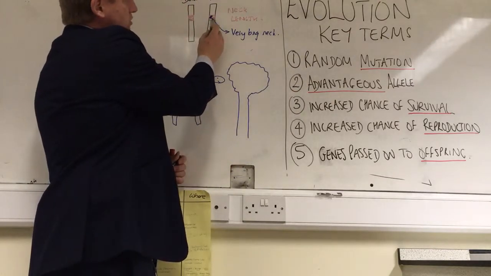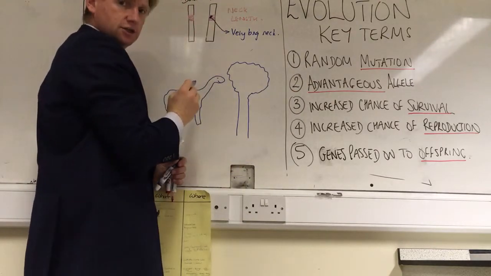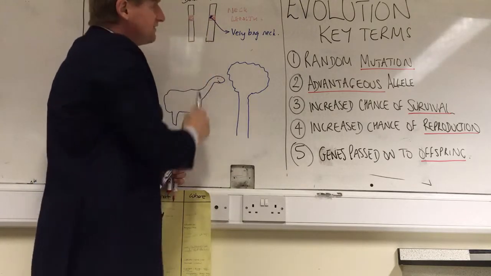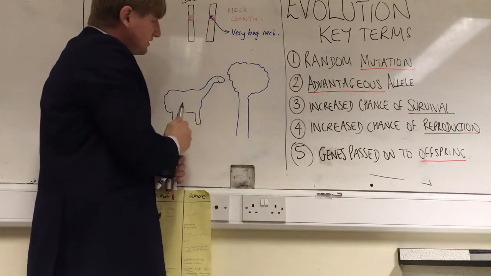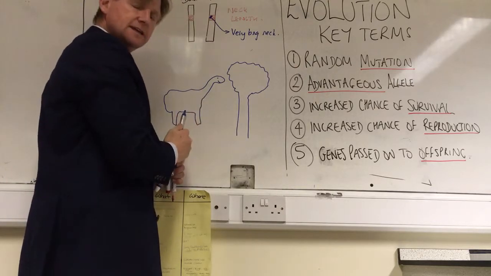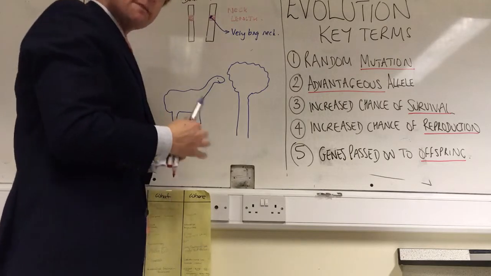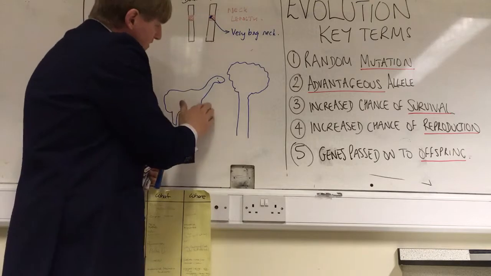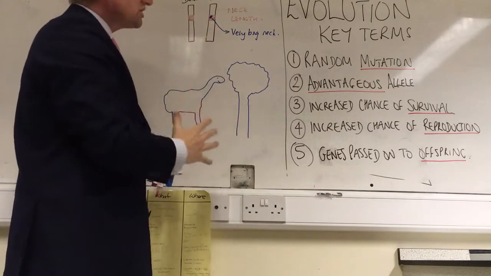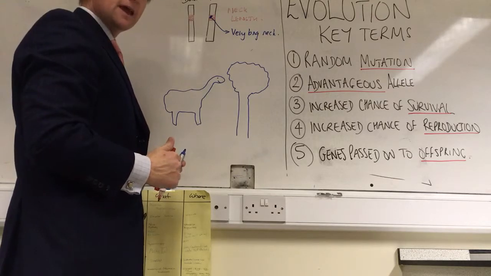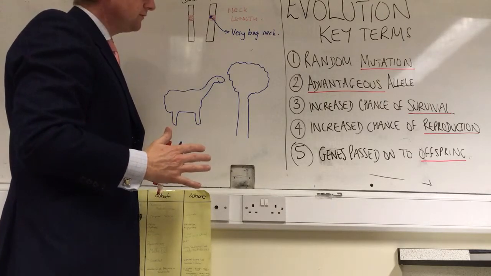And so this version of the gene that the mother donated, which we call an allele, a version of a gene, is advantageous because it's given this organism a longer neck so it can feed. And particularly in times of famine or when life is really tough, this particular organism with that changed DNA, that mutated DNA, has got an advantage. And now we're off and running with evolution.